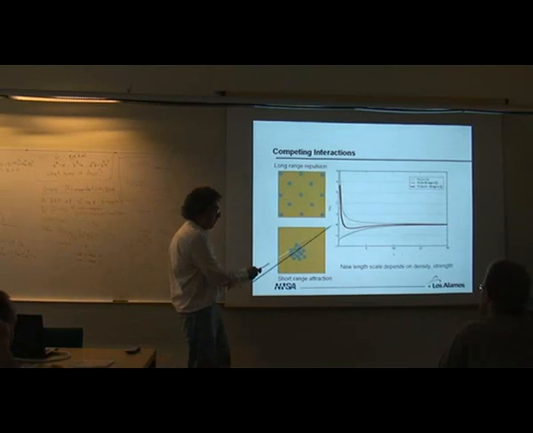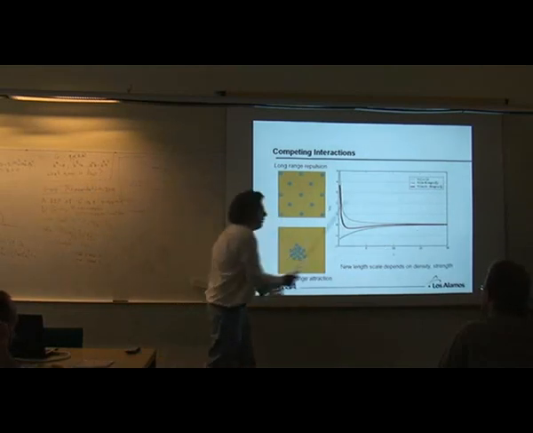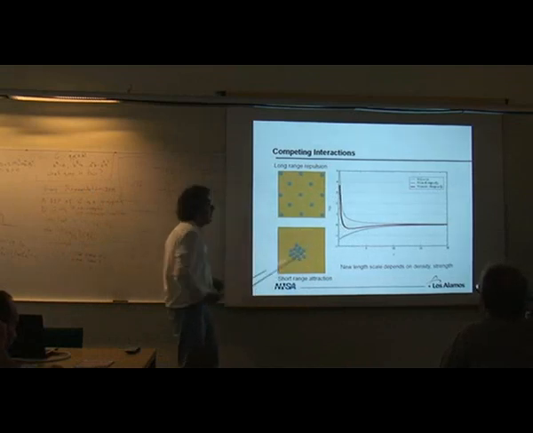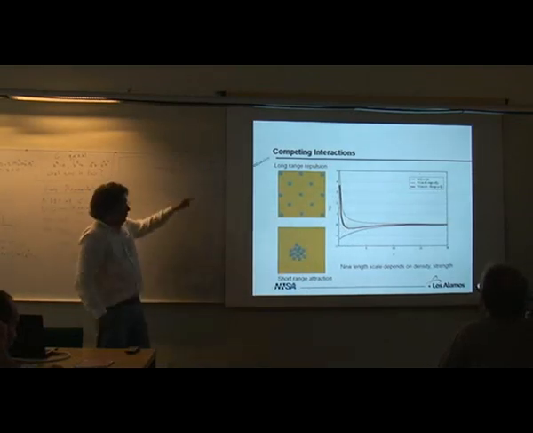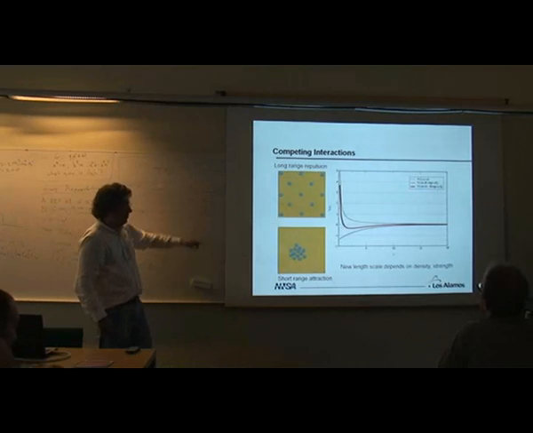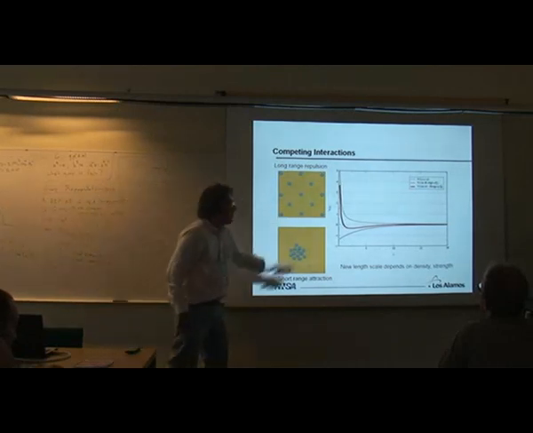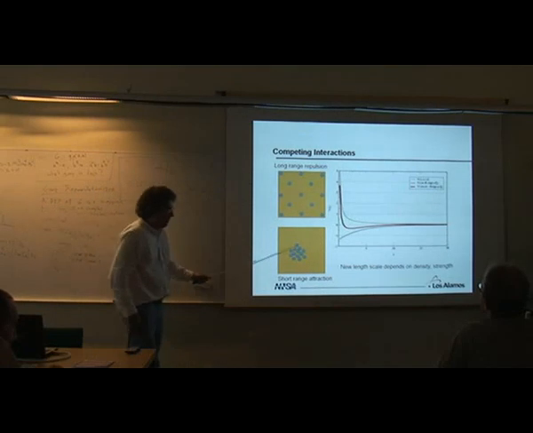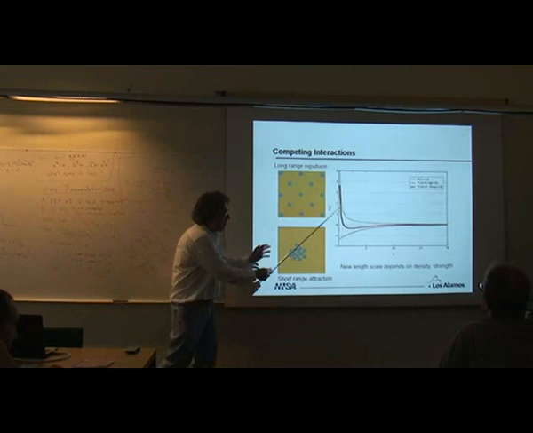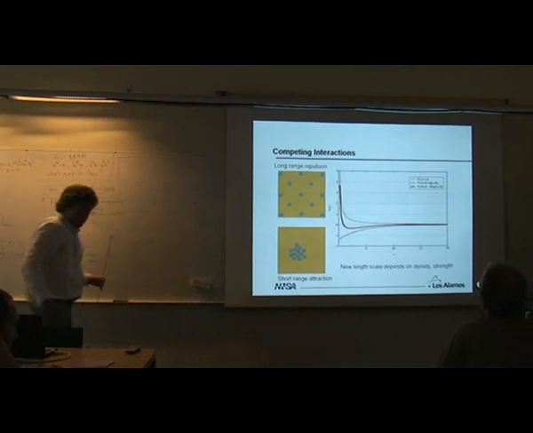It will be repulsive at long range, repulsive at short range, and at some intermediate range, it's attractive. If it's just long-range repulsion, we know that we will get a nice uniform triangular lattice. If we turn up the attraction quite a bit, eventually they'll collapse into a cluster, but then that cluster won't completely overlap because of the short range repulsion.